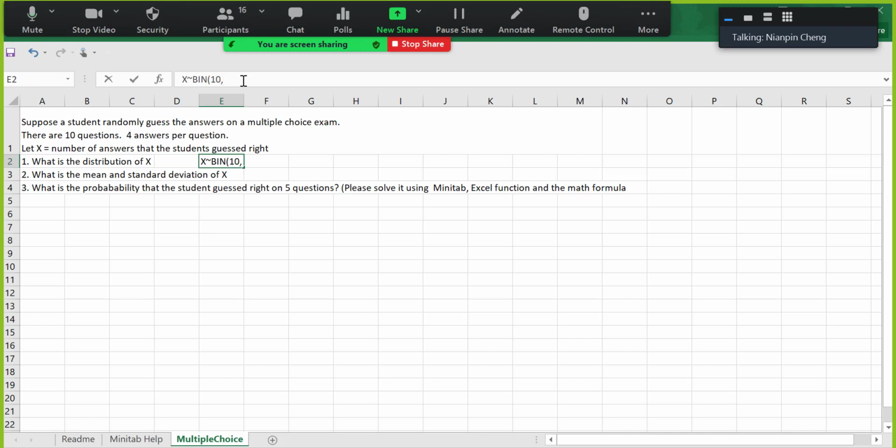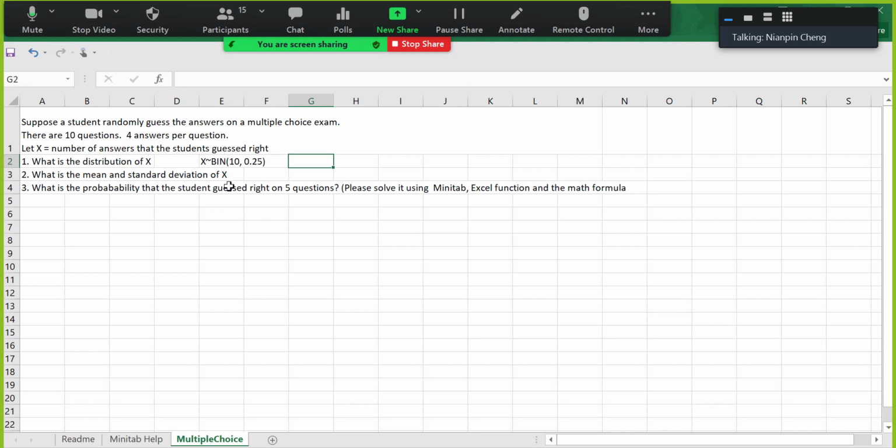What's the probability each time, the success rate? We name guessing correct as a success event. So the probability you guess correct, you succeed, is 0.25. Okay, so x follows a binomial distribution.